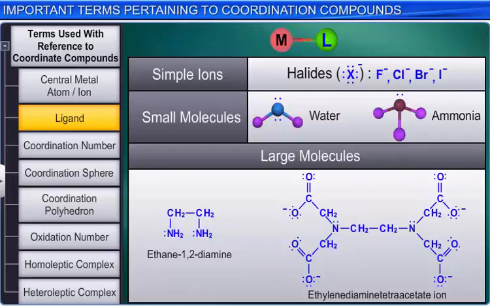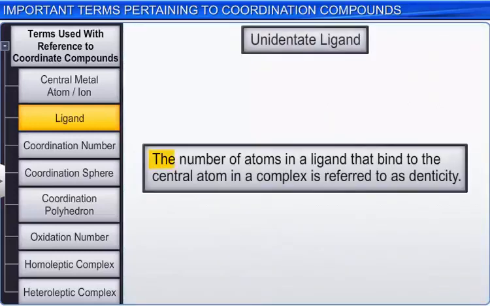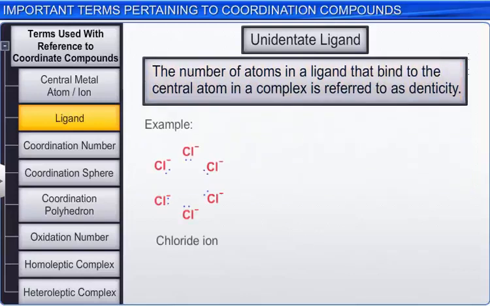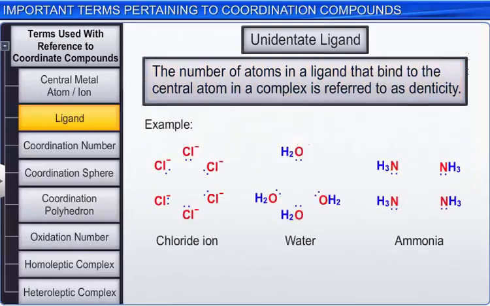The number of atoms in a ligand that bind to the central atom in a complex is referred to as denticity. When a ligand is bound to a metal ion through a single donor atom, as with a chloride ion, a water molecule, or an ammonia molecule, the ligand is said to be unidentate.